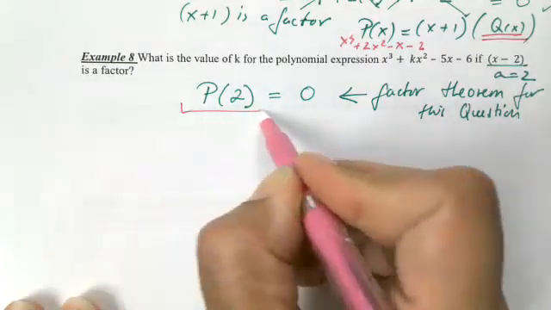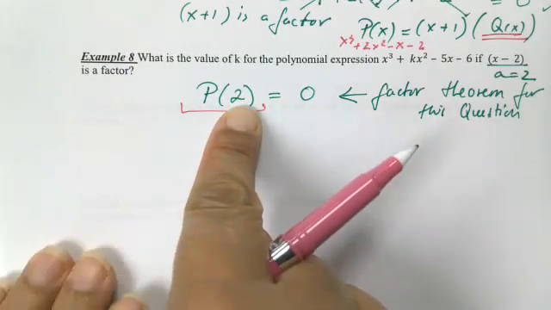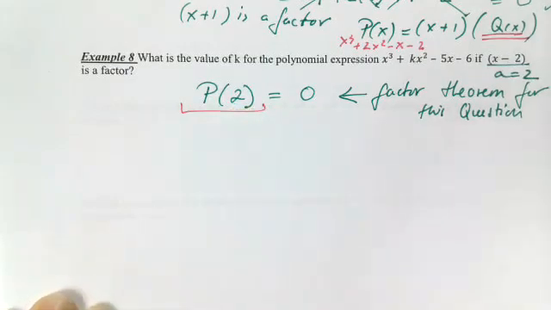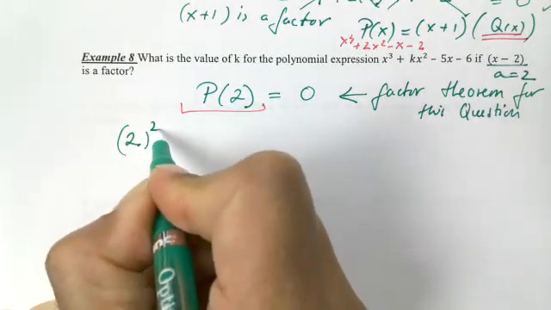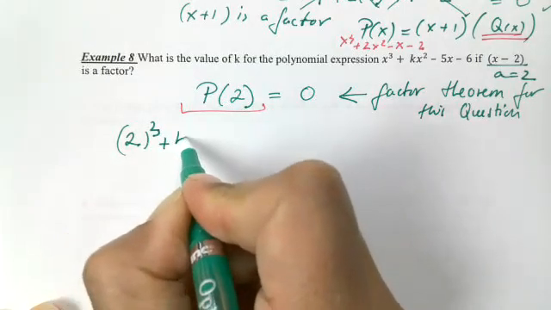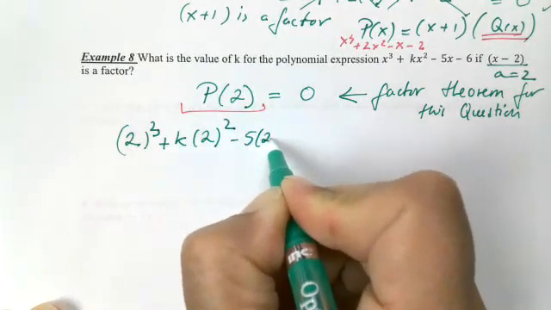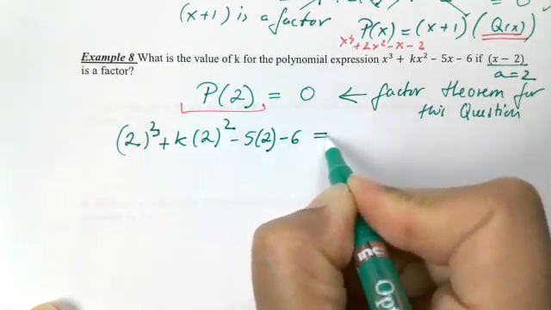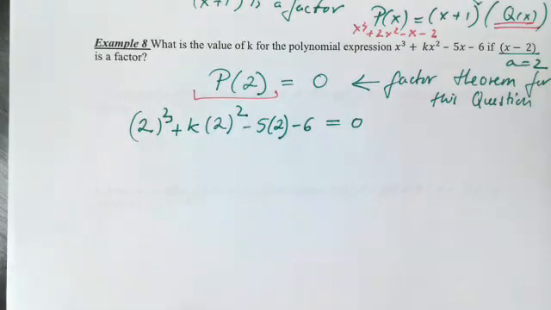So now here I can expand by replacing every single x of p of x with the number 2. So we can write it as 2 cubed plus k times 2 squared minus 5 times 2 minus 6, and it must equal 0, because we know that x minus 2 is a factor.